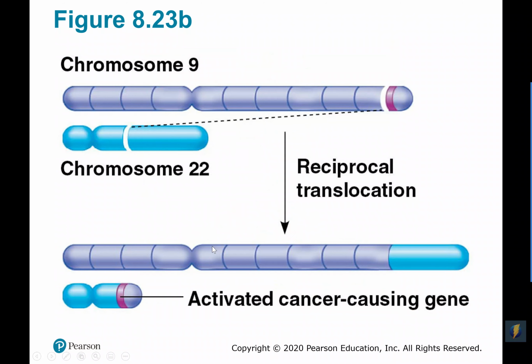For instance, with reciprocal translocation, chromosome 9 switches some information with chromosome 22, and that can activate a cancer-causing gene, which can then result in cancer occurring in some of your somatic body cells. So we do have to be careful about our chromosome structure as well as our chromosome number.